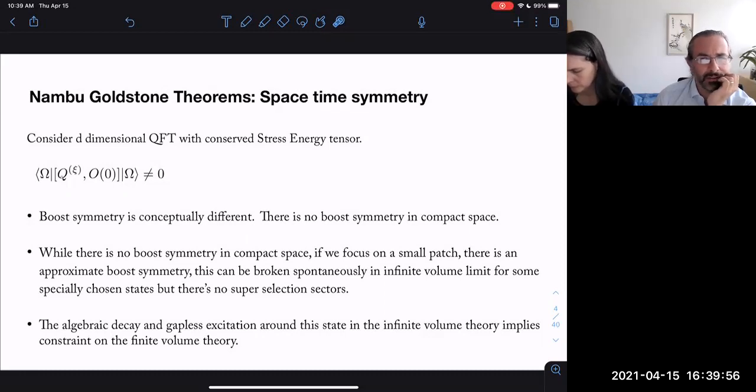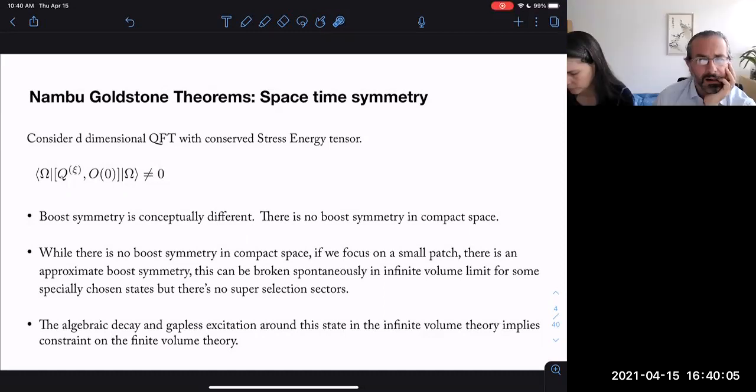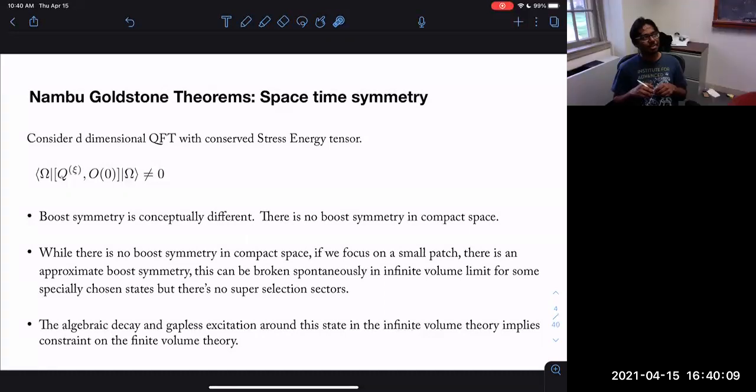Can I ask you a question? Yeah, sure. Does this happen only for boosts? That's a good question. I guess at least for the boost, the space and time symmetry is broken. But if you think about rotation, then of course the rotation symmetry is preserved on the sphere, so still you can think about these things. Yeah, right.